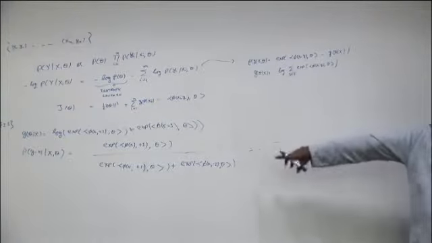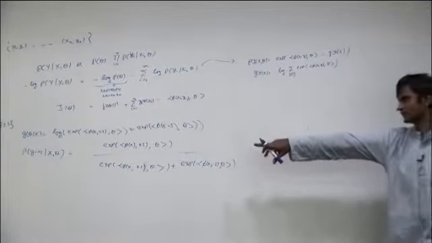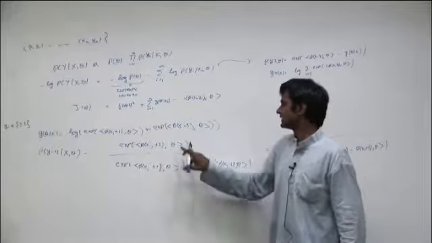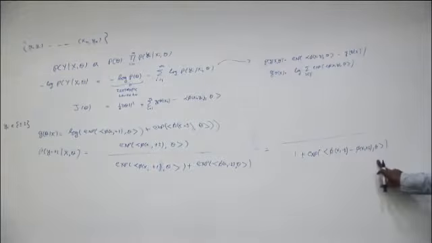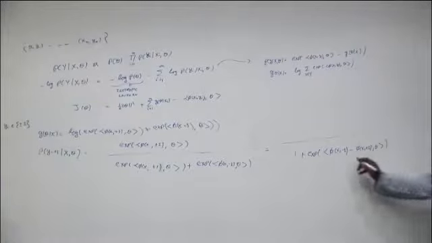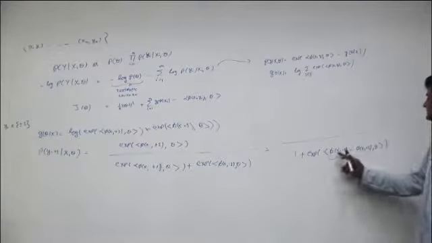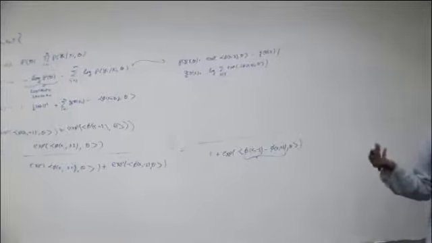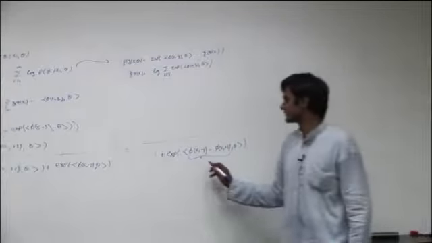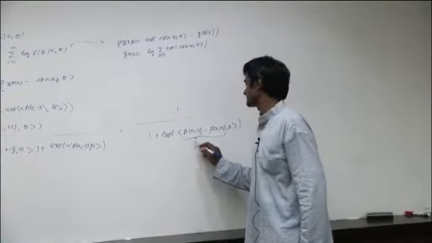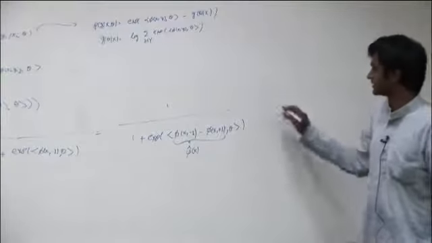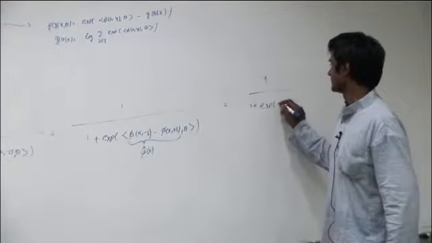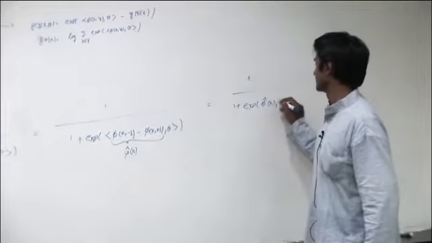I just divide the top and bottom by the same exp of phi of x, +1. Now I'm going to rename this quantity, because this is just phi of x, -1 minus phi of x, +1, so it only depends on x. If you tell me x, you have told me everything about it. So I'm going to rename this as phi hat of x. Now this is nothing but 1 over 1 plus exp of phi hat of x times theta.